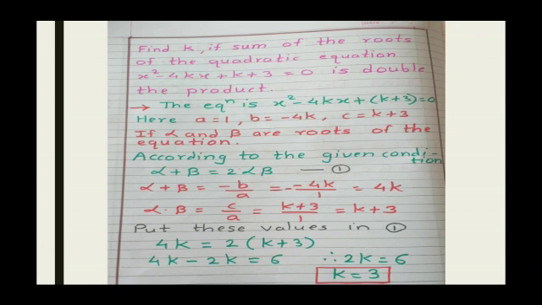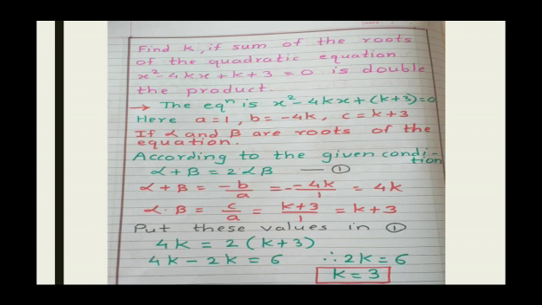If alpha and beta are roots of the quadratic equation, according to the given condition, what is the condition given here? Sum of the roots of the quadratic equation means alpha plus beta is equal to double the product. Double means 2 product alpha into beta. Therefore, see the first equation, alpha plus beta is equal to 2 into alpha beta.